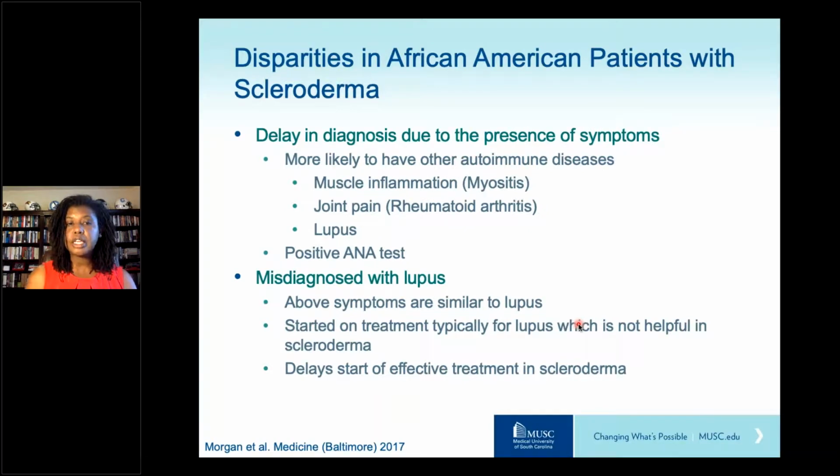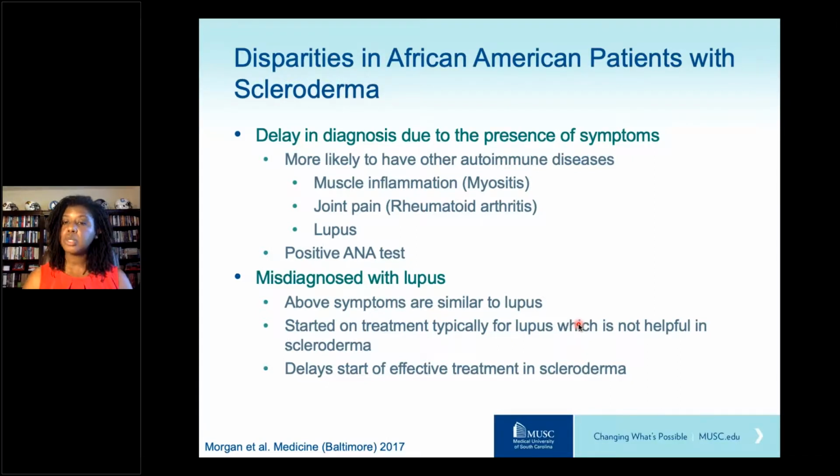Another interesting thing is that patients that have one autoimmune disease are more likely to develop other autoimmune diseases, unfortunately. And so if a clinician is focused on just one autoimmune disease, they may miss that a patient may have other autoimmune diseases in addition to that one, including scleroderma.